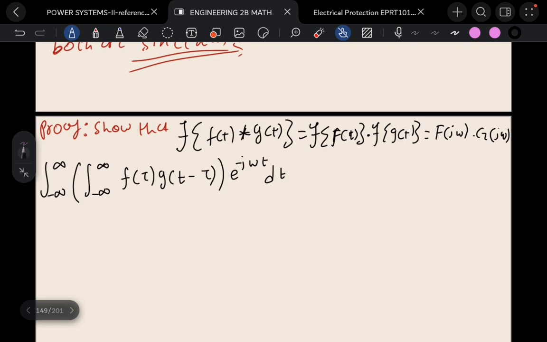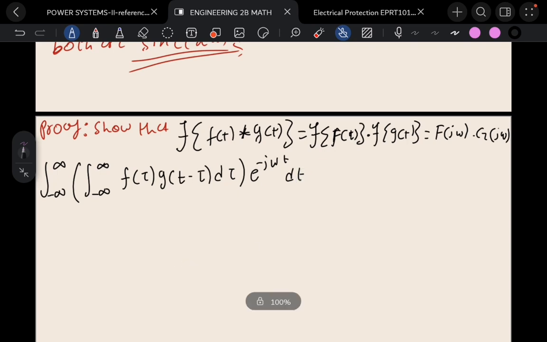We have to integrate this in a function in terms of tau, but we have a function there, and this e will only satisfy the dt.